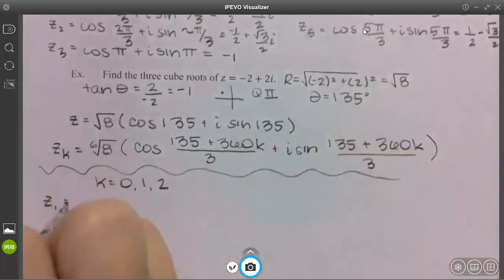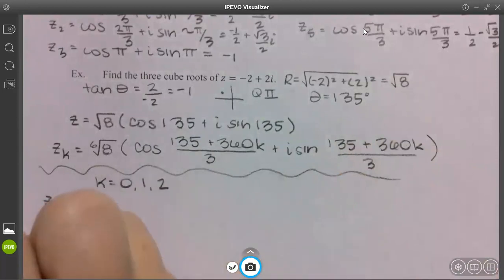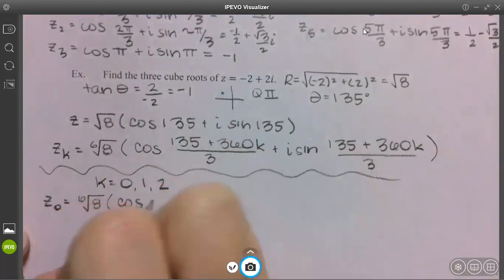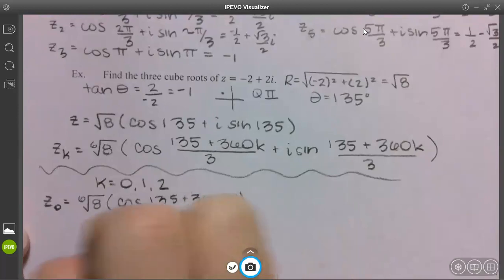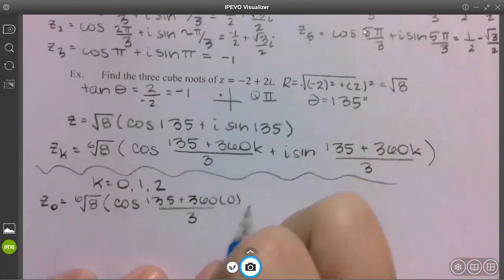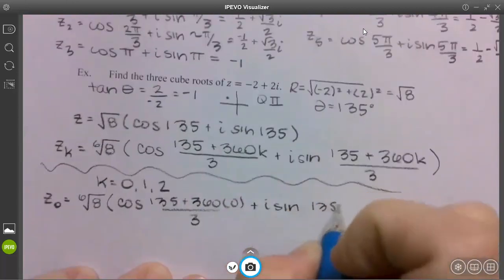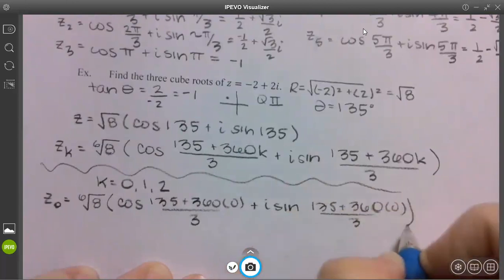Z0 is going to end up being the 6th root of 8 times cosine 135 plus 360 times 0 over 3, plus i sine 135 plus 360 times 0 over 3.